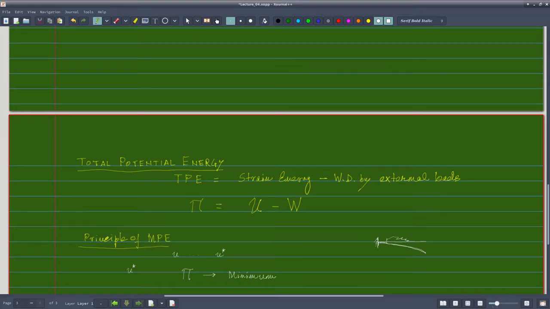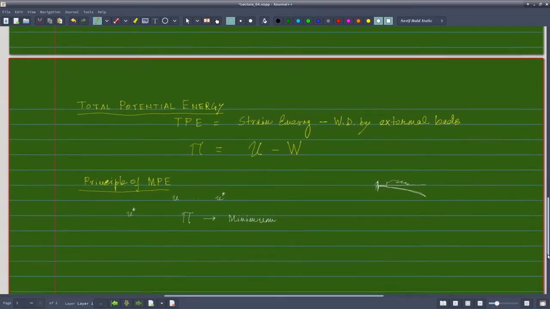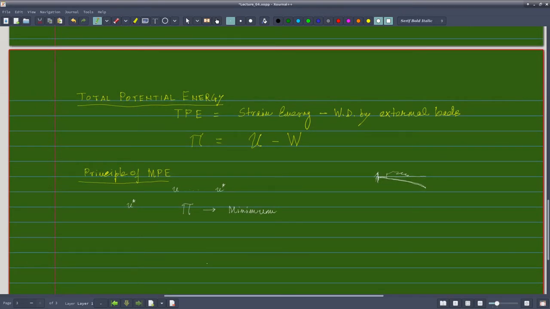So this is meant by the principle of minimum potential energy. In terms of variational calculus, this says that if I give some variation to the potential energy, that variation will lead to 0 if and only if my u corresponds to the displacement field for stable equilibrium.